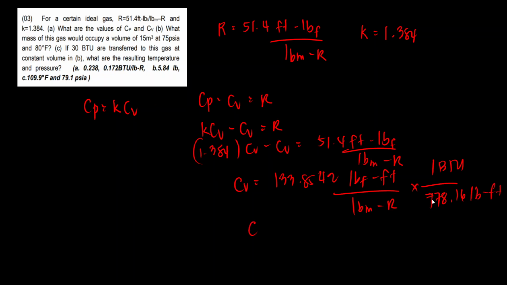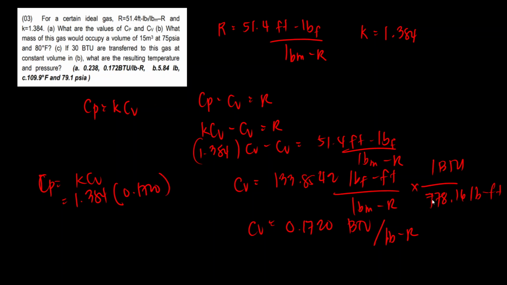Okay, so Cv is equivalent to 0.1720 BTU per pound Rankine. Okay, so we get Cp by k. Cp is equals to kCv. So 1.384 times 0.1720, that is equivalent to 0.238 BTU per pound mass Rankine. Okay, so this is Cp.